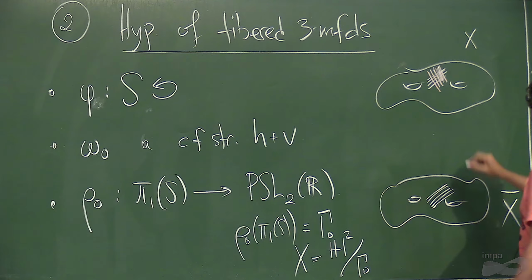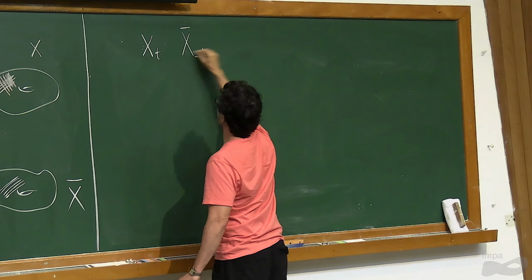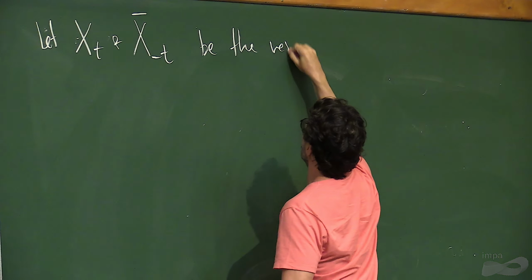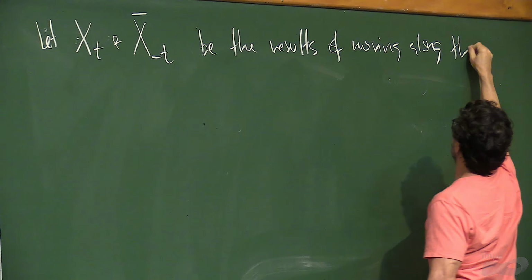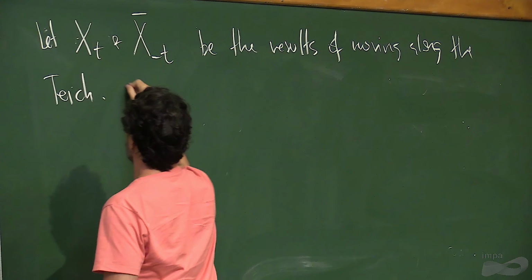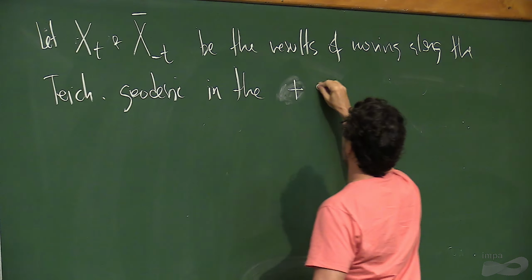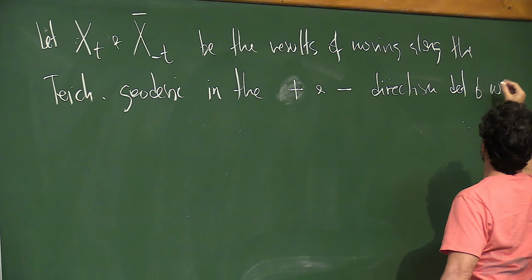So let x_t and x bar_{-t} be the results of moving along the Teichmüller geodesic in the positive and negative directions determined by omega naught.